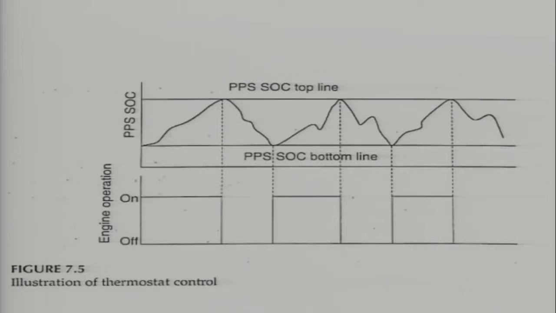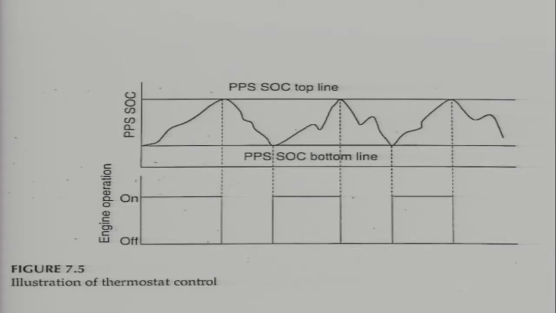So here's this particular illustration of thermostat control, this also we have seen. There exists a SOC top line and SOC bottom line. Here you can see this is the SOC bottom line and this is the SOC top line. In between the top and bottom line of SOC, the PPS state of charge is supposed to be controlled.